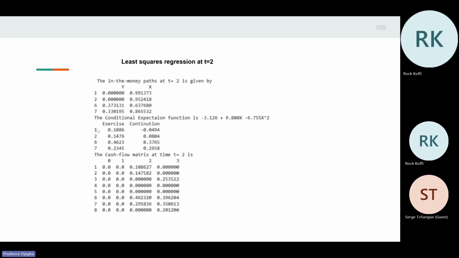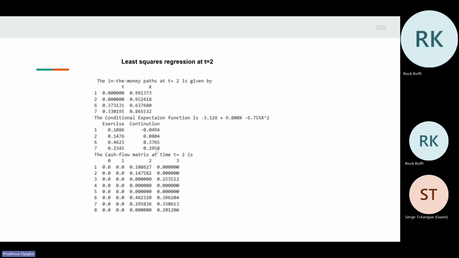So when we look at this now, we see that 1, 2, and 6 are the parts where the exercise payoff is greater than the continuation. So we just take the value as the exercise payoff there. But at the part 7, we see that the exercise payoff is less than the continuation.